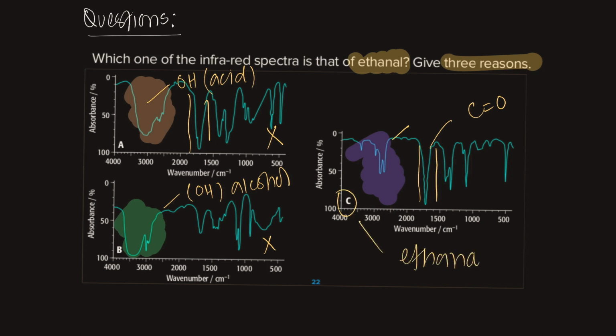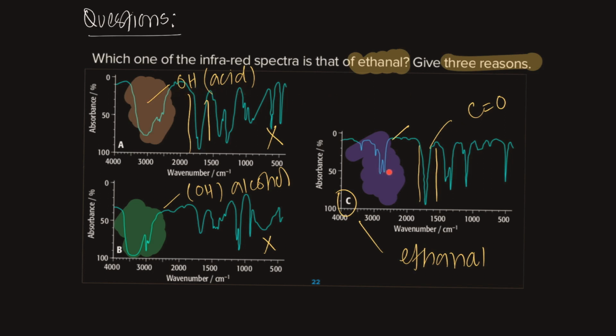Now, as far as reasons go, I could say graph A has a sharp broad peak from 2500 to 3500, and that's characteristic of an acid group.